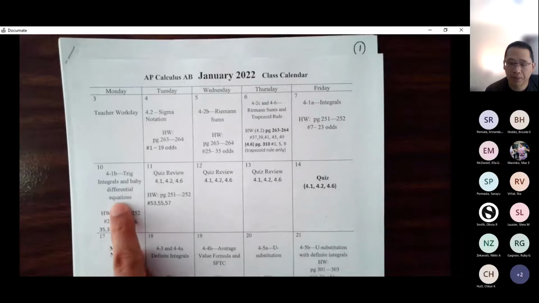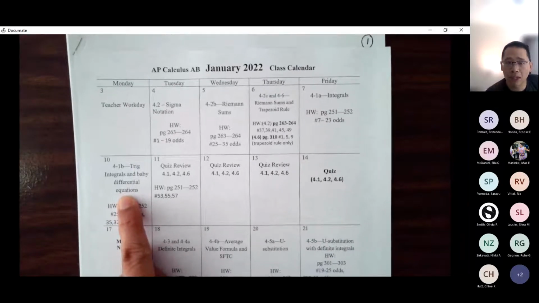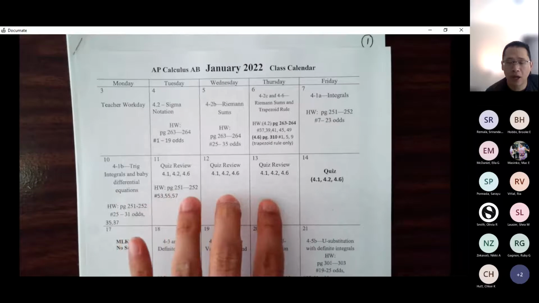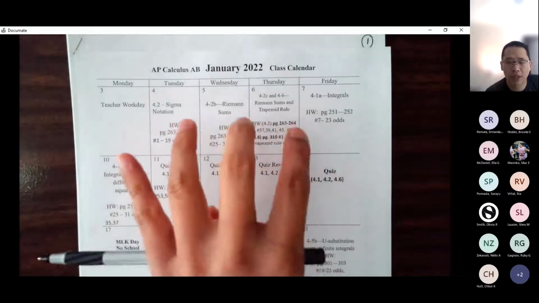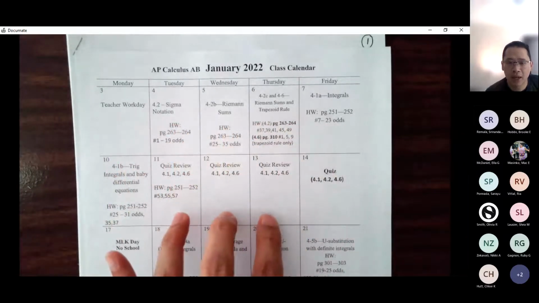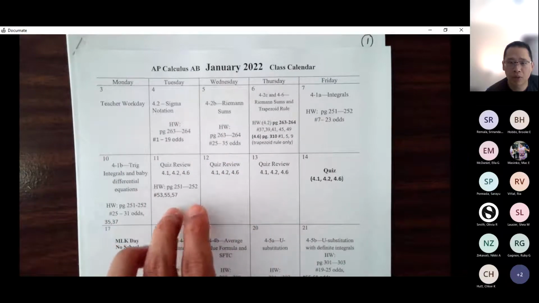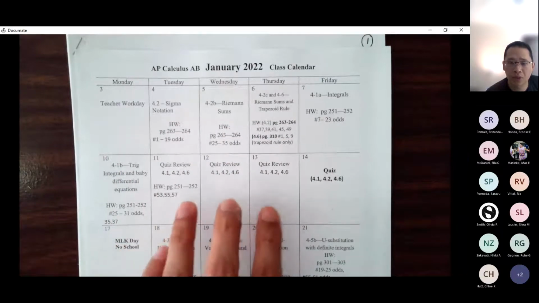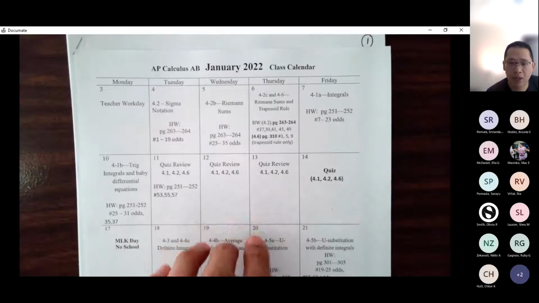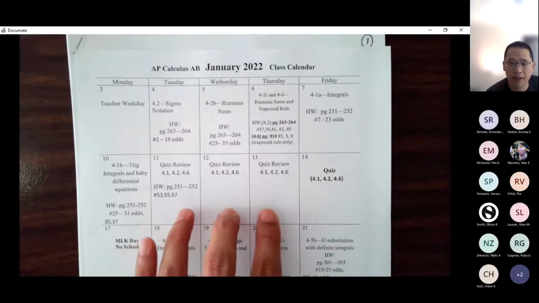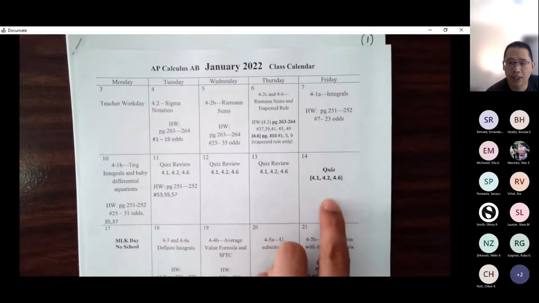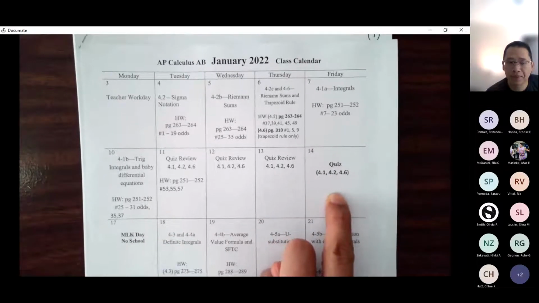We'll finish up notes for 4.1 on Monday, and then just because we're virtual for all these days, I think it's good to have additional days for quiz review. So we'll start quiz review Tuesday. We'll have 3 days for quiz review to get us back into the swing of things in the classroom, and then we're having a quiz next Friday.